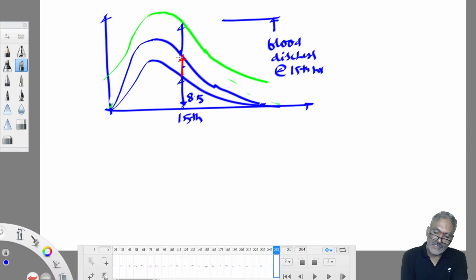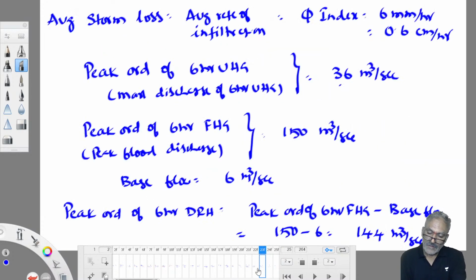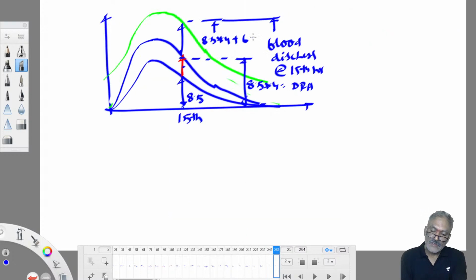You multiply this by 4 and you will get the direct runoff hydrograph ordinate. This is 8.5 into 4. Then to this add base flow, 8.5 into 4 plus base flow 6. Base flow is given as 6. Then you get the ordinate of flood discharge at the 15th hour time interval.